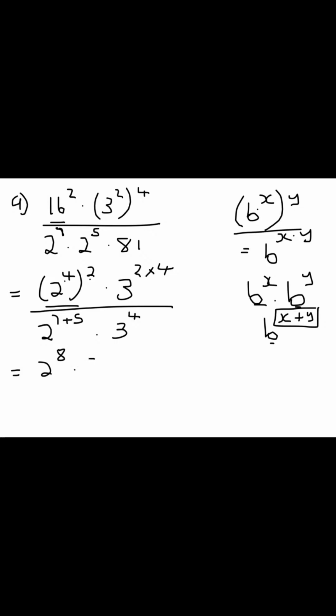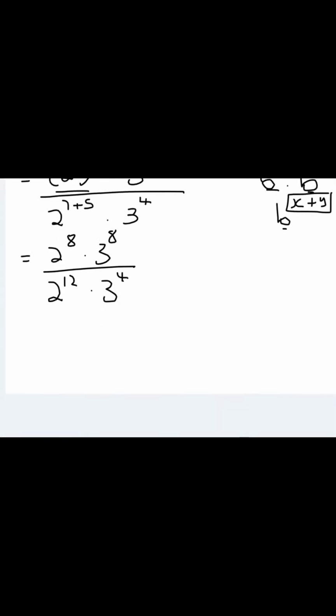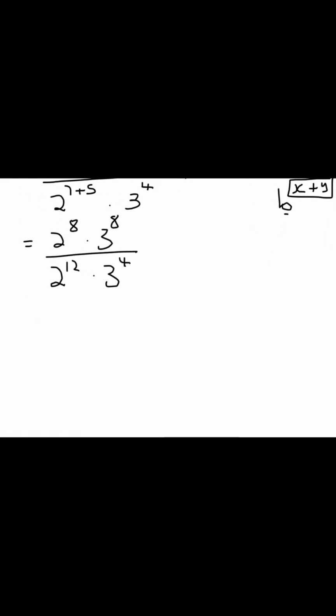And then you are having 3 to the exponent of that times that, definitely that is 8. Over, and then you are having 2 to the exponent of what is 7 plus 5? It should be 12, multiplying 3 to the exponent of 4. So all that you were doing was just to simplify or work out those exponents.